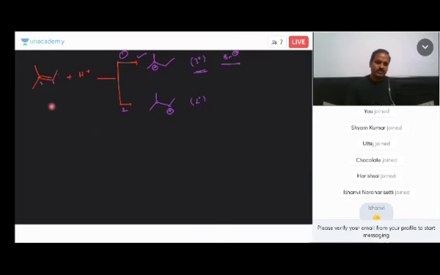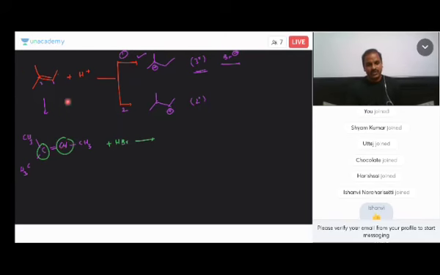Otherwise, if you simply apply the Markovnikov rule, this compound you can split as CH3, C double bond, CH3, and this is CH, this is CH3. If you add HBr, this carbon contains one hydrogen, and this carbon contains no hydrogens.